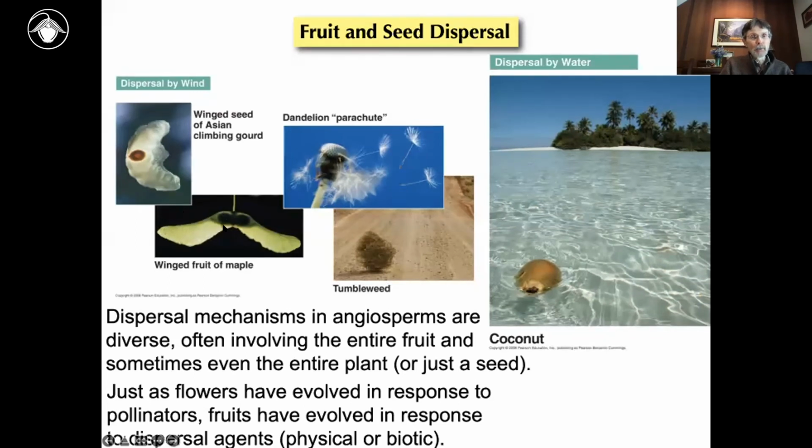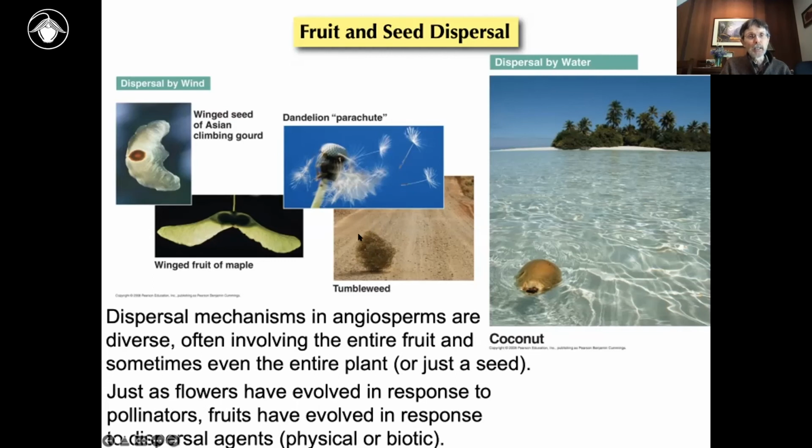And a maple, I mentioned earlier, has the entire fruit as the dispersal unit. There's propeller-like movement when it's released. The dandelion I talked about, with the parachute-like sepals, the pappus, carrying them away. In this case, it's not just the fruit, but the fruit and the sepals as the dispersal unit.